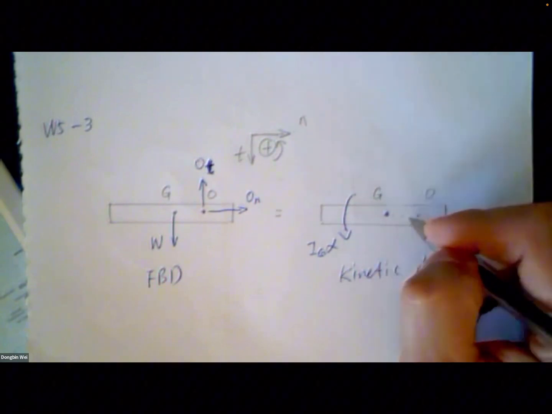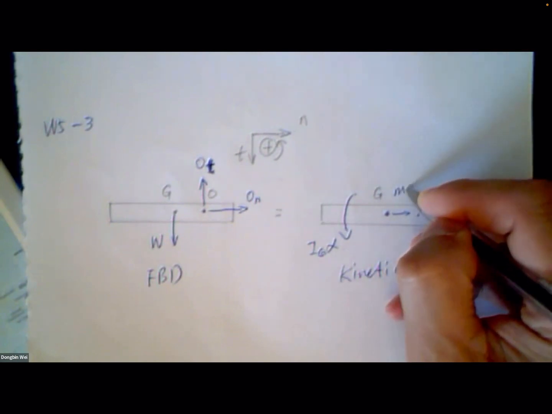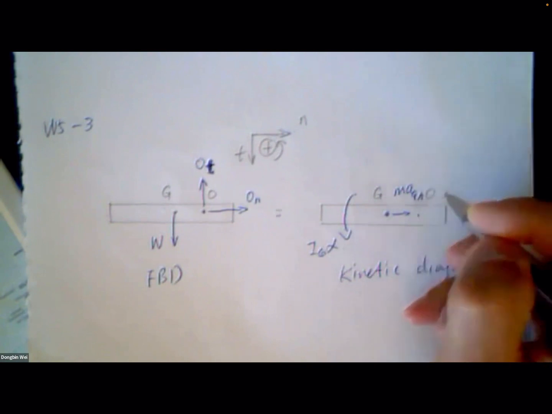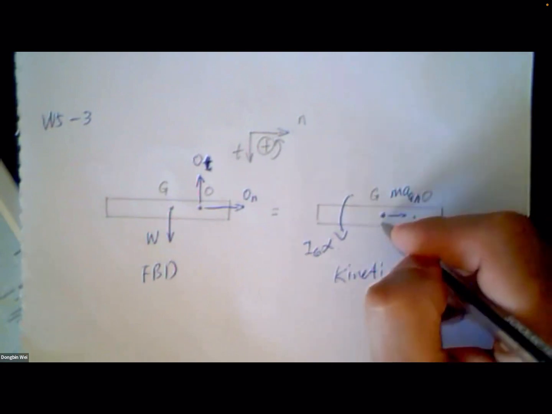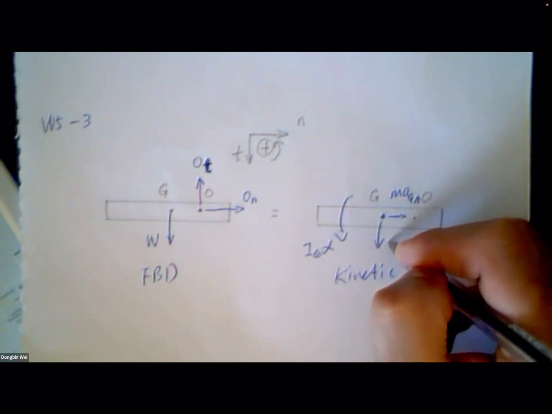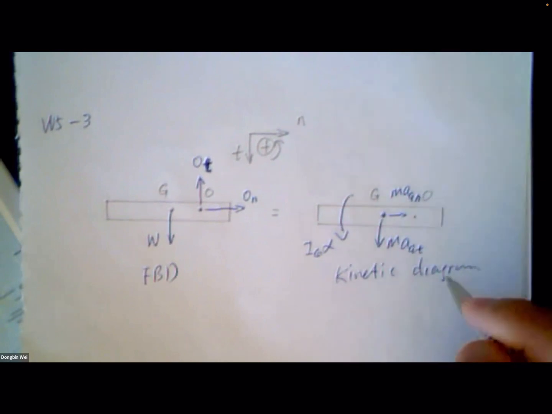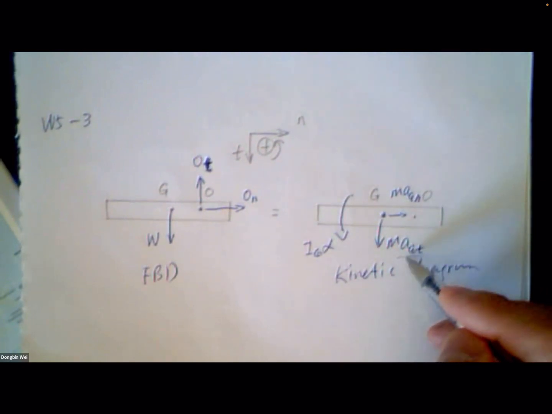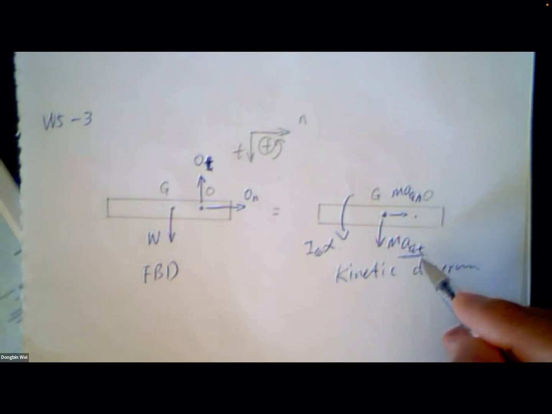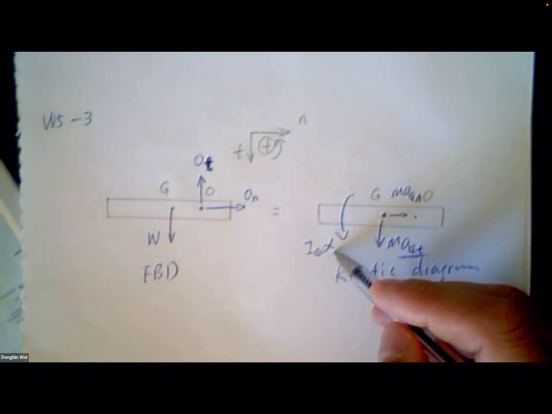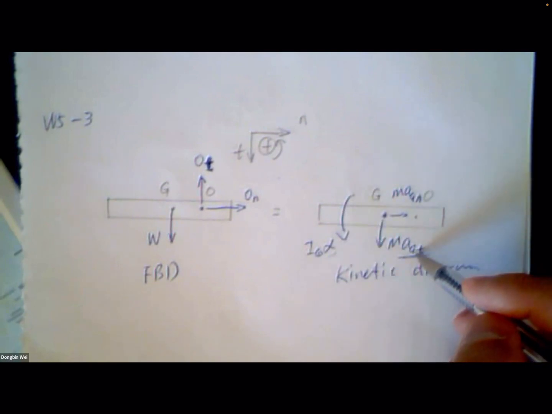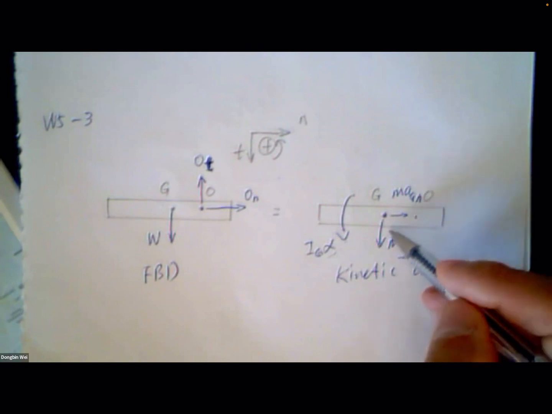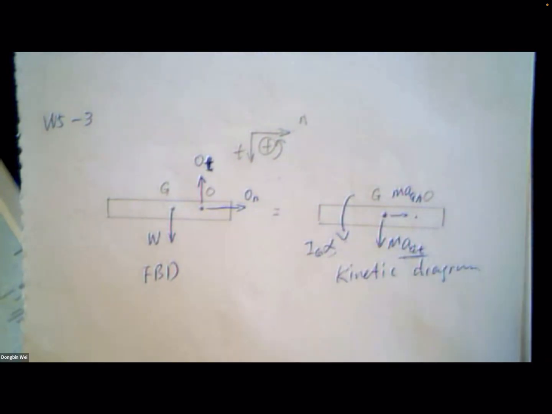And I have M A_G^N, direction from G to O. And also I have M A_G^T. Again, A_G^T direction is related to alpha. If you indicate alpha counterclockwise, then in this case here, A_T, its direction must be downward. Okay. Any questions?